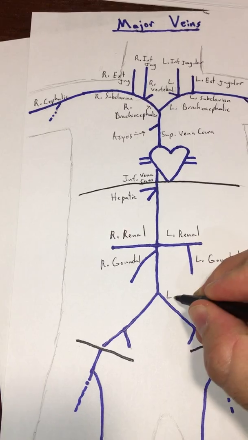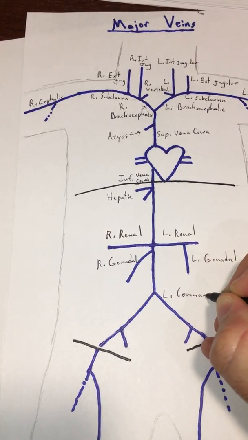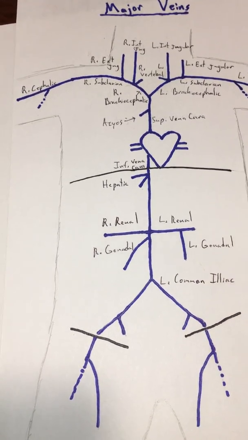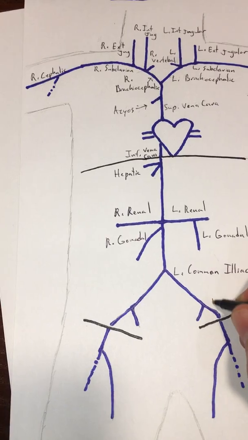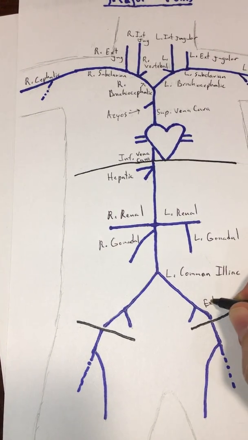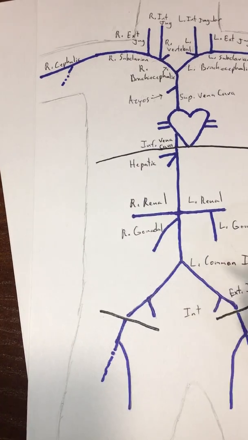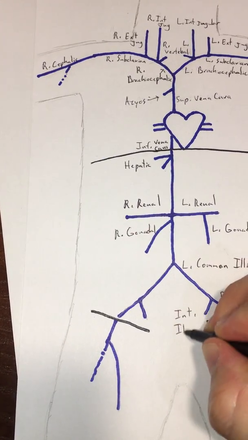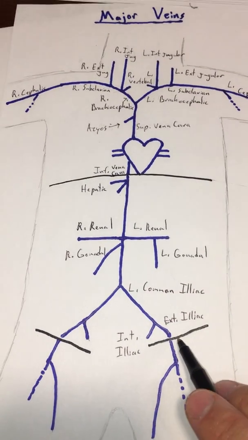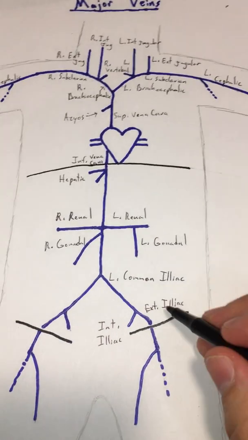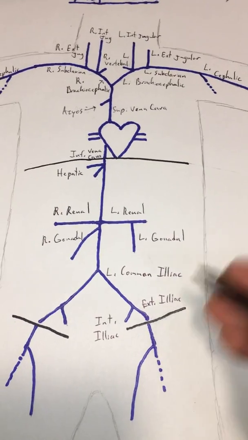And coming down, we still have the inferior vena cava. Then you're going to have the left common iliac vein, and then the external iliac, internal iliac vein. Then that's going to pass by the inguinal ligament through the femoral canal as we're following the external iliac vein on the left side.